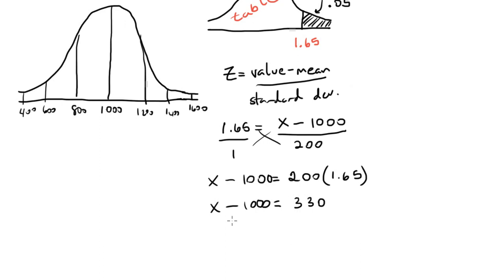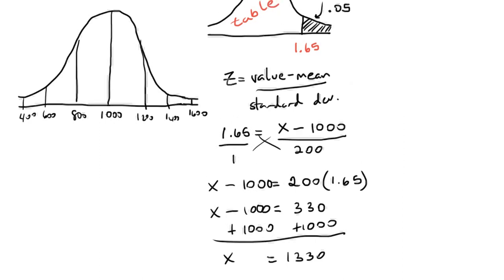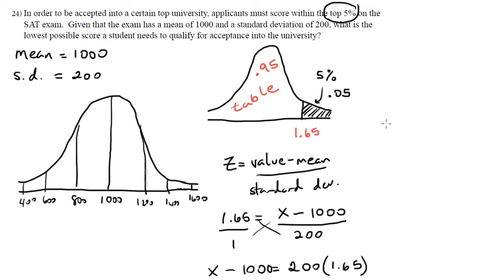Right. So then I add 1,000. So x equals 1,330. This is the x value that yields a z-score of 1.65, that gives us that area of 0.05 to the right.